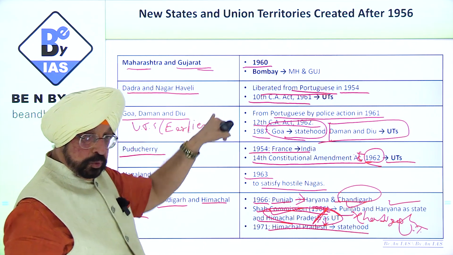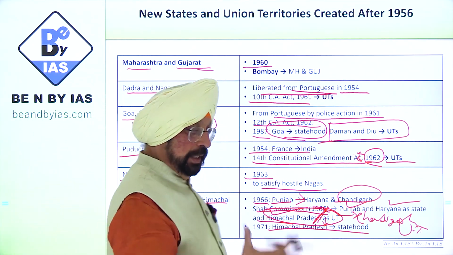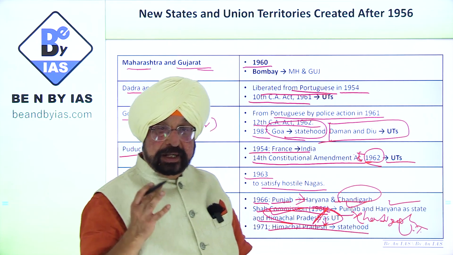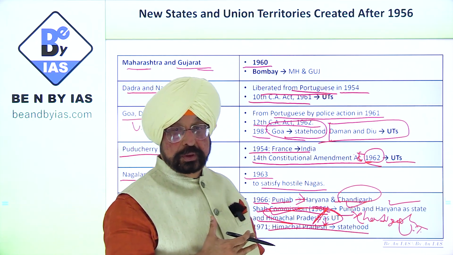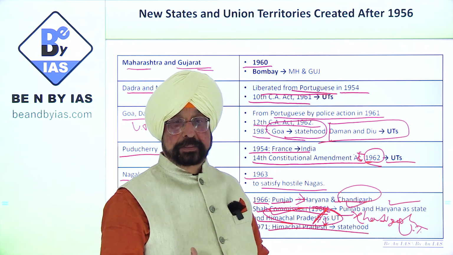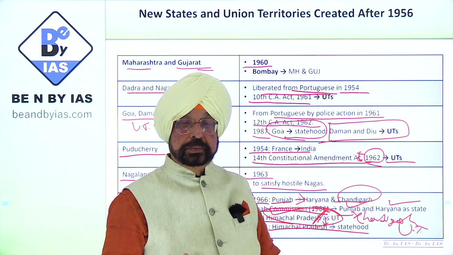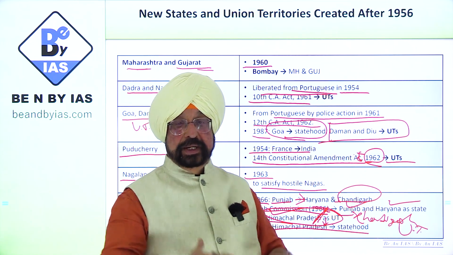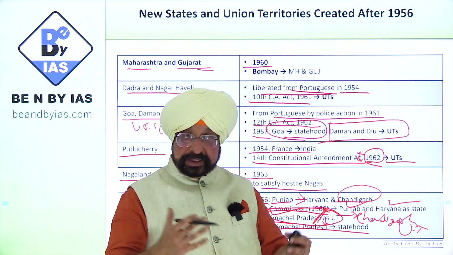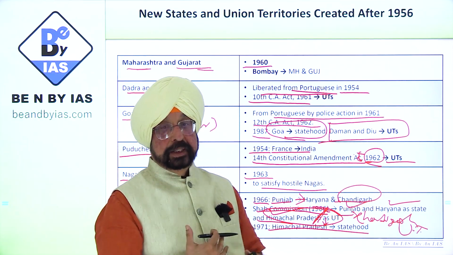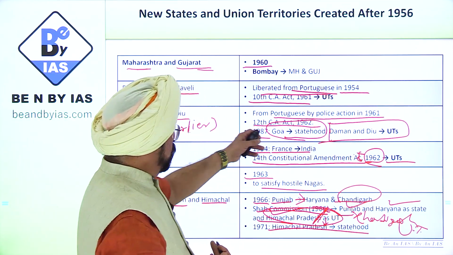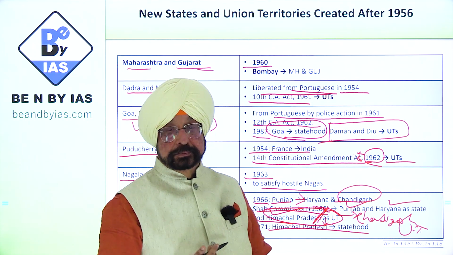So in these two cases, when they have to be admitted, there is a need for what? Amendment of the First Schedule. That is why an amendment was required. A foreign territory was being admitted, though it was Indian territory but under foreign control. So it had to be admitted through a constitutional amendment.